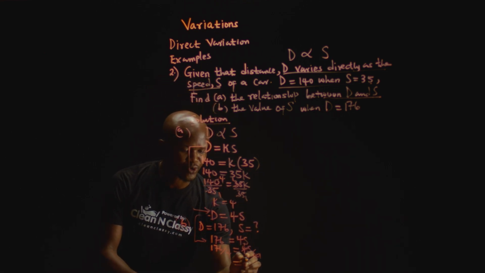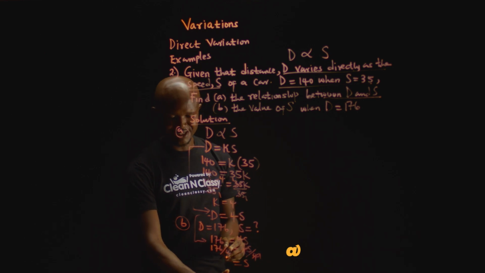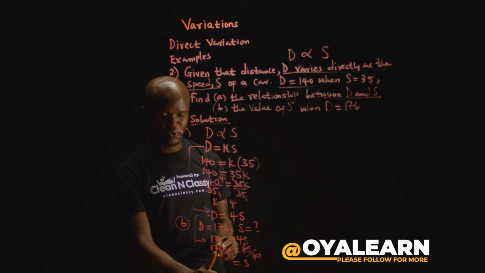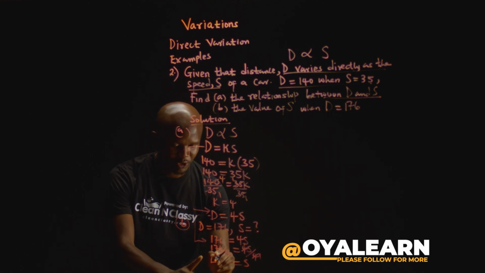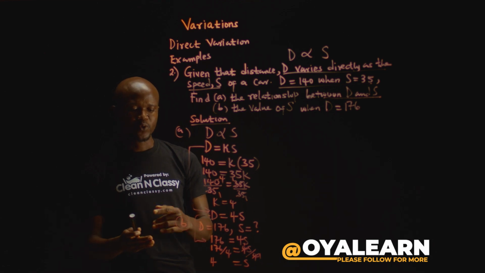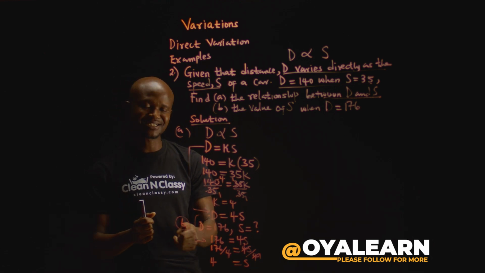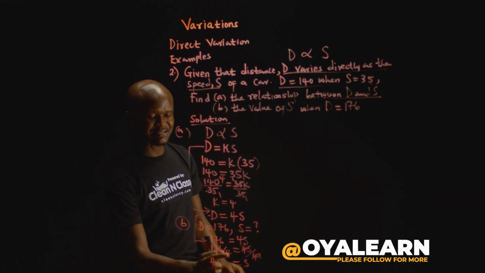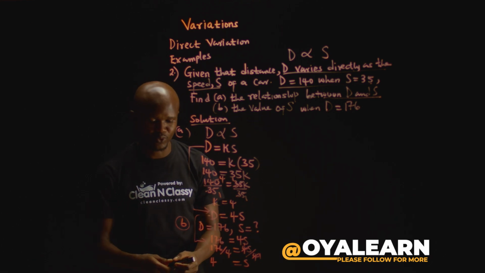This is equal to s. 17 divided by 4, we have 4, because 4 times 4 is 16. Now, we carry 1. We take that 1 and add it to the next 6, so we have 16. 16 divided by 4, we also have 4.